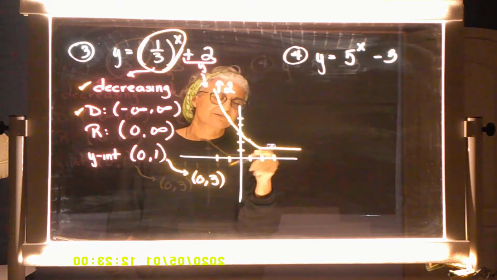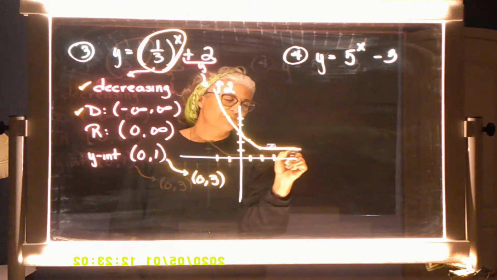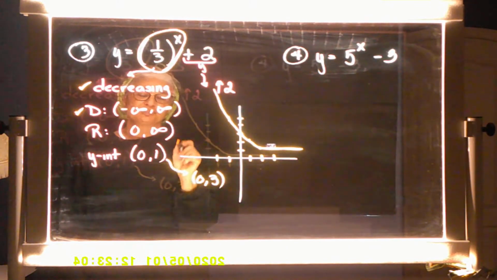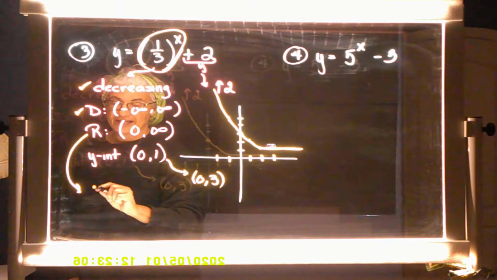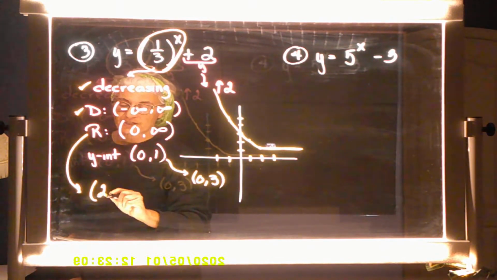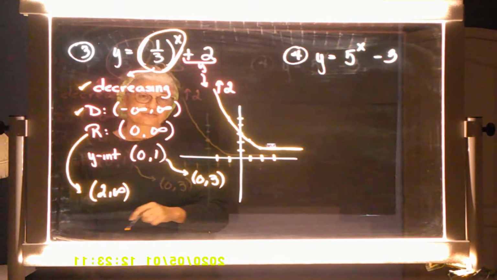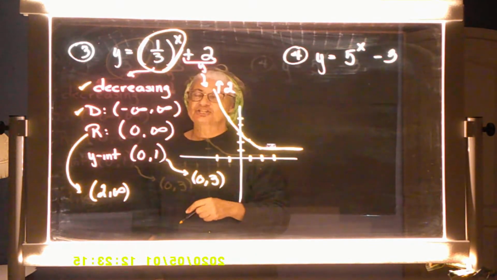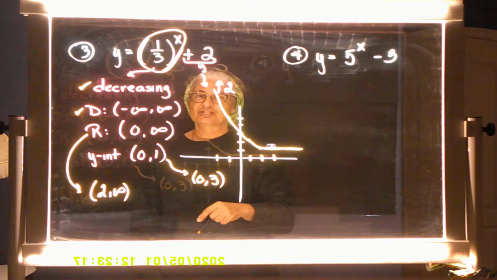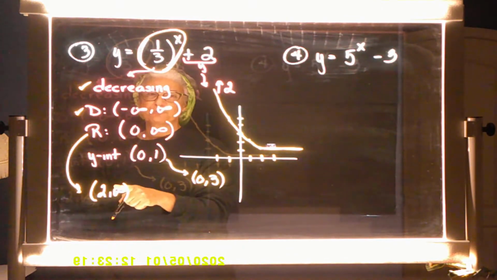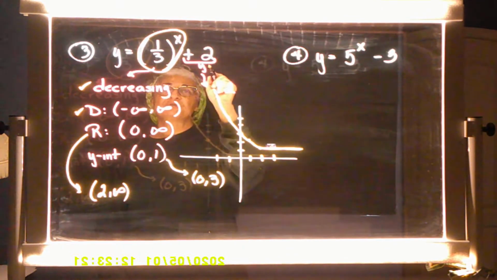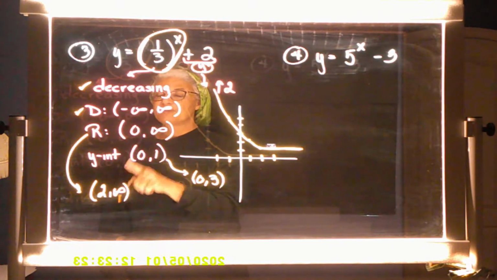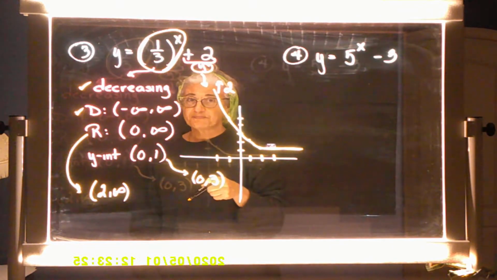This graph doesn't bottom out at 0. This graph bottoms out at 2, which means your range has now moved up 2 spaces also, as well as the y-intercept. The domain didn't change, decreasing didn't change, but the y-intercept and the range, which both deal with y's, have been affected. With me?